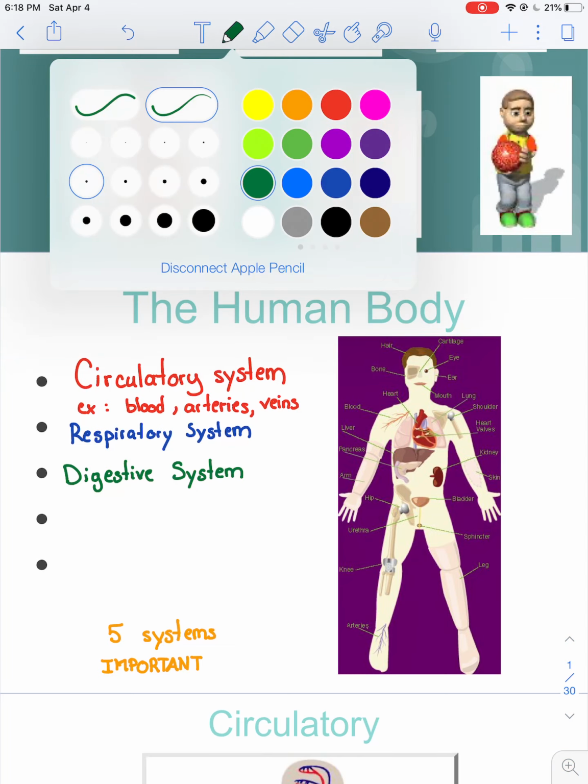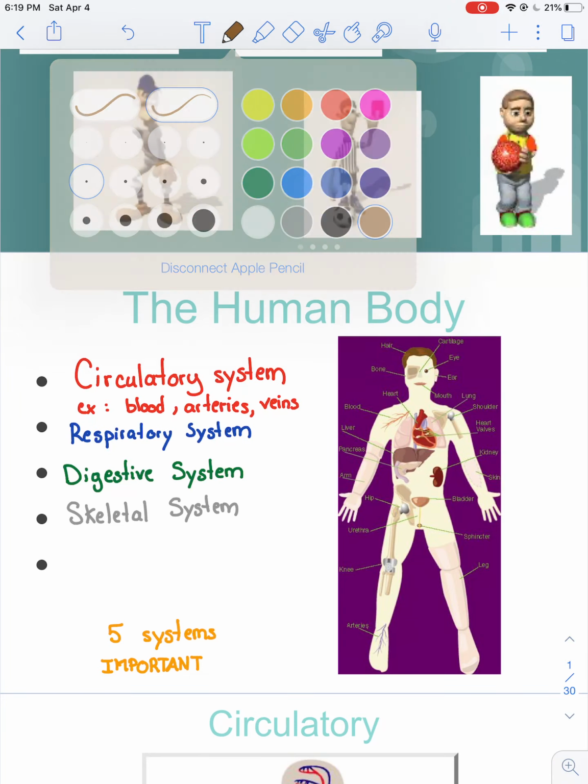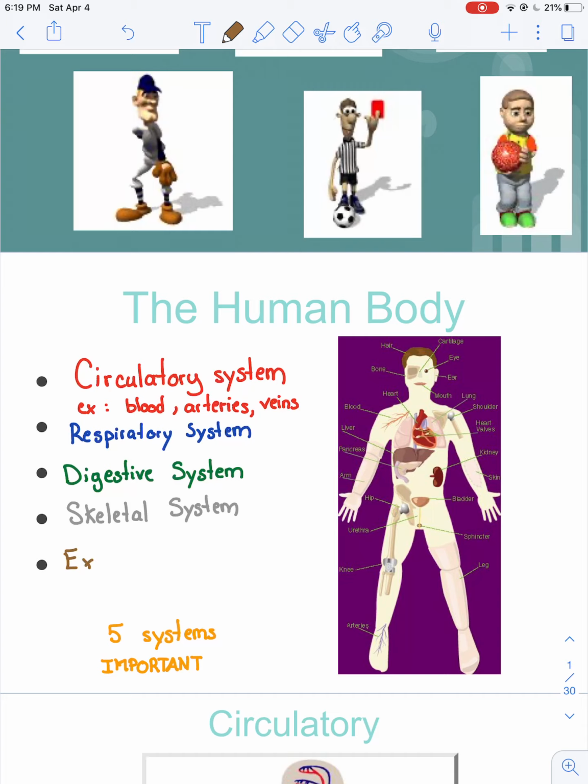Then we have something that we call the skeletal system. Le système squelettique, and we finish with the excretory system. So we have 5 different systems. Those are very important to know.